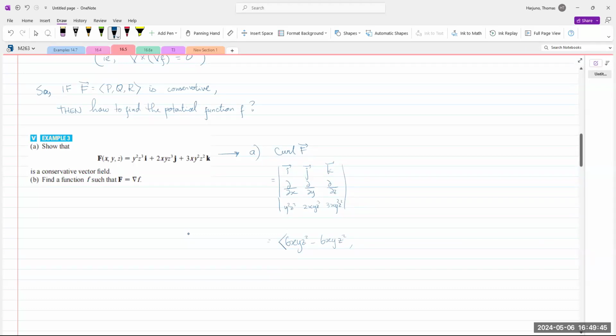The second component will be negative of 3y squared z squared minus 3y squared z squared. And the third component will be 2yz cubed minus 2yz cubed. And you can see this is basically vector 0. Consequently, the vector field is conservative.